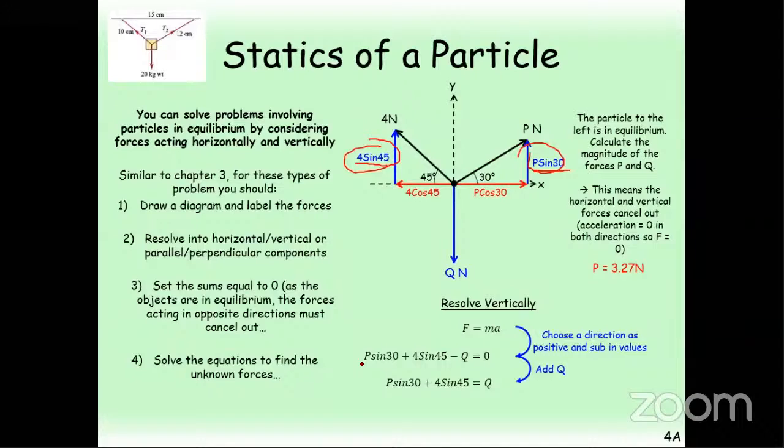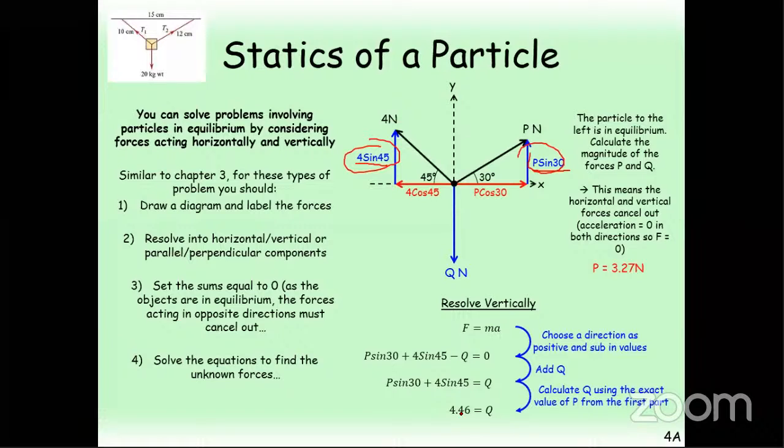So we take the Q to the left hand side to make it positive. Then we substitute in the calculator because we already have the value of P as 3.27. When we put our values in the calculator, we shall get 4.46.